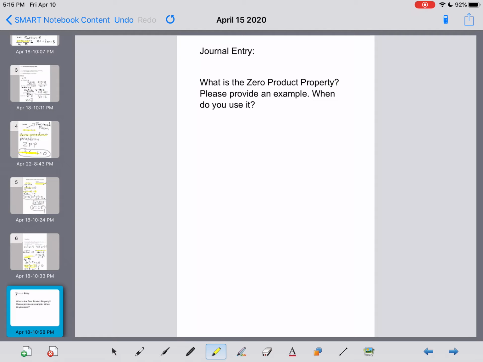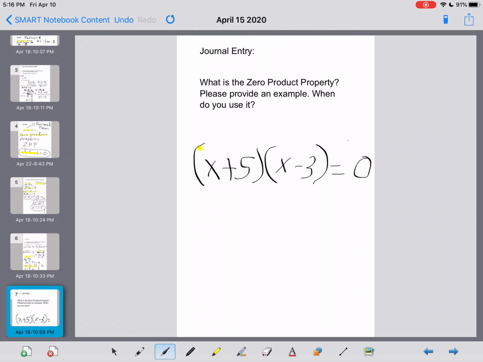So you use it when your expression is in factored form, and your equation has to equal 0.